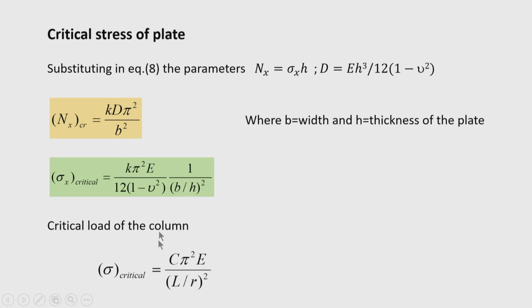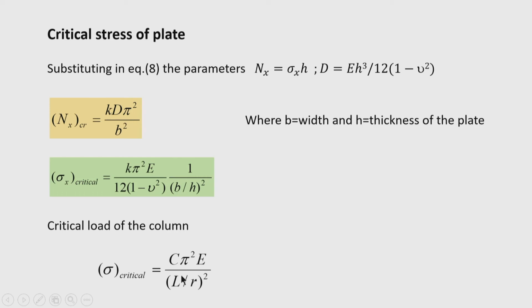So, this difference you can note: the critical load of the plate does not depend on the length, it depends on the width of the plate. On the other hand, the critical load of the column depends on the length.